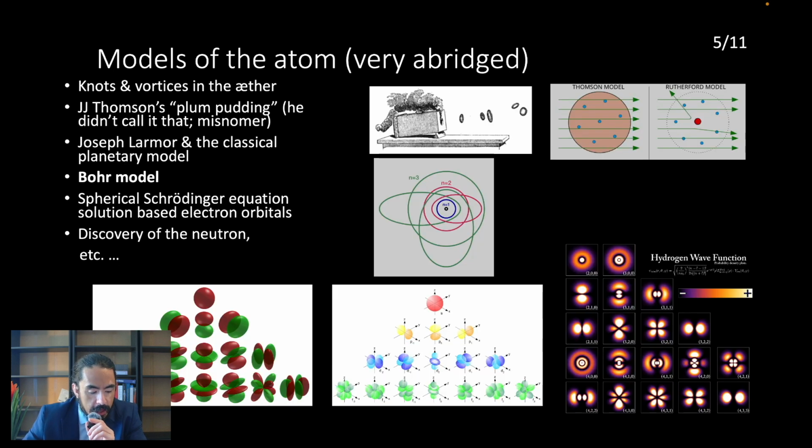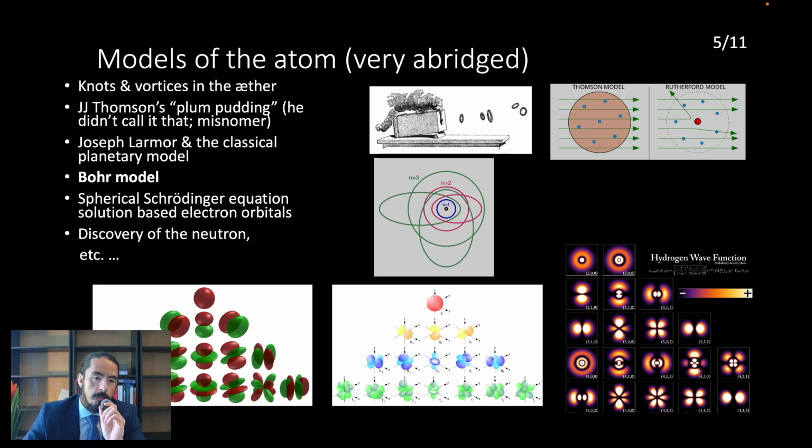Being that Hal Puthoff's paper is aiming to resolve the issue of radiative collapse at the level of theory of the Bohr atom, for which he's invoking this stochastic electrodynamics framework, I think it helps to have a little bit of context of the historical place that the Bohr model of the atom has with respect to models that came before and models that came after.